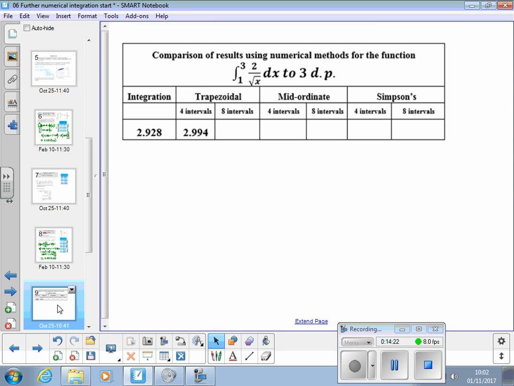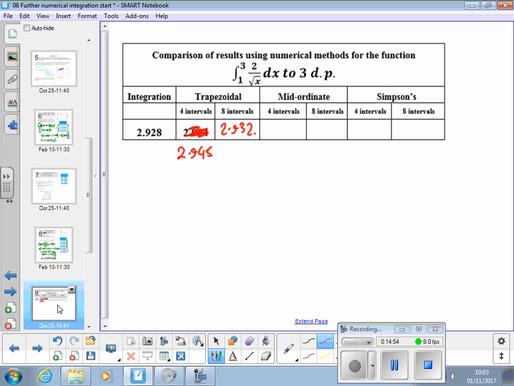So in summary, I got a wrong value on there. Never mind, I've put it right now. That's 2.994. Let me summarise all the values. 2.945 we got with trapezoidal with 4 intervals, and 2.932 with 8 intervals.